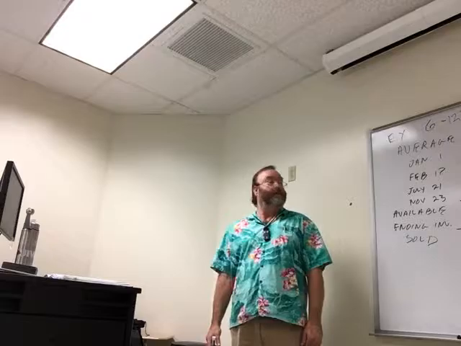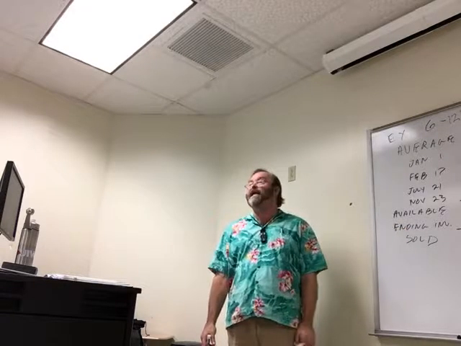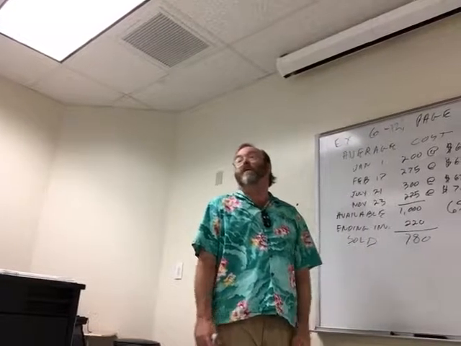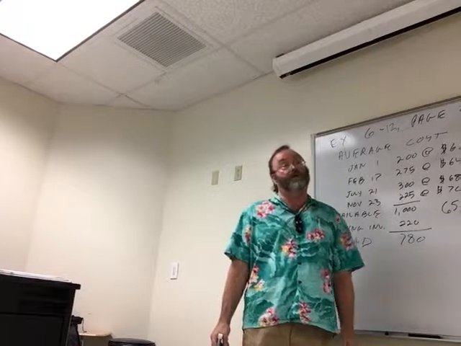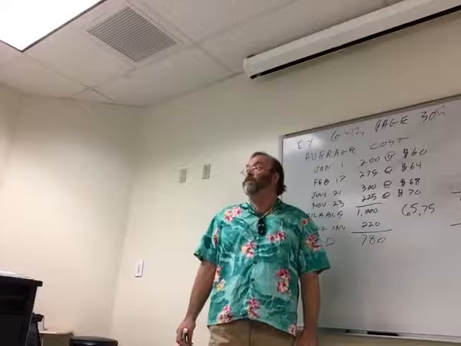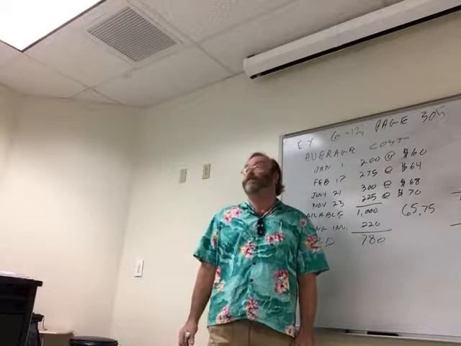So how much did you sell? How much did those 780 units that you sold cost you? How much is your cost of goods sold? Well, it's what's left, right?